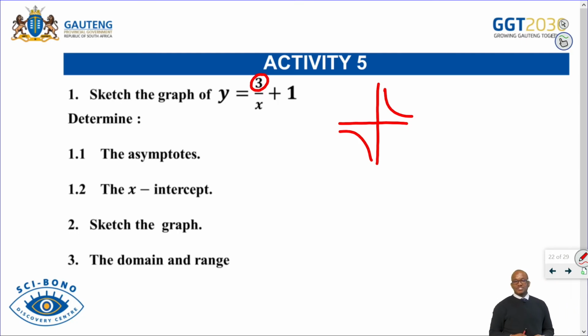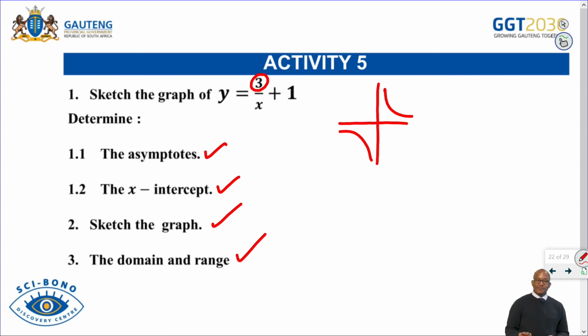That is how the shape of this graph will look like, because the value there by a is positive. So now we have to determine our equation of the asymptotes, x-intercept, and we sketch the graph. And also we have to be able to write down the domain and range of this type of a graph.